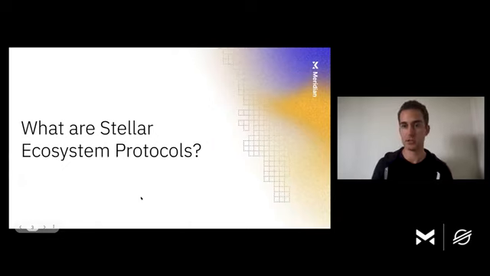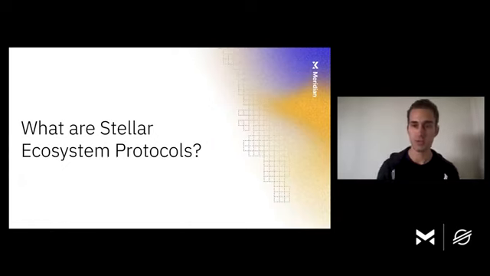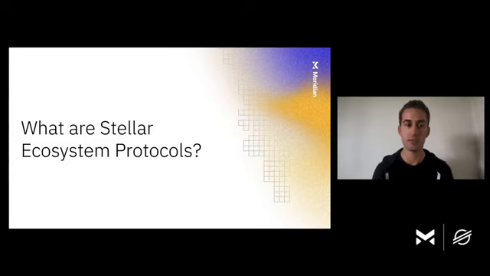So before we dive into the subject matter, I just want to do a quick overview, for those of you who may not be familiar, about what Stellar ecosystem protocols are. Stellar ecosystem protocols are not like the Stellar consensus protocol, where nodes use a low-level networking protocol to communicate with each other. It's actually an application layer communication protocol where applications are communicating with each other using the Stellar blockchain, so that the participants in the network can communicate in a standardized way.